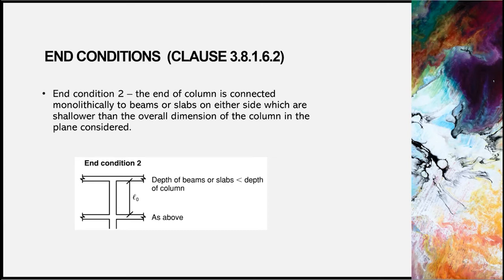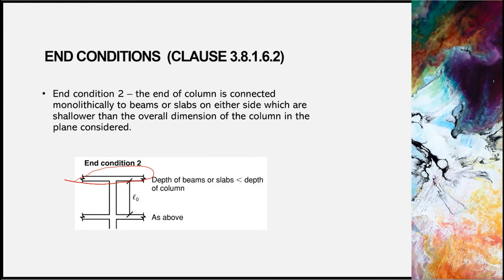in the plane considered. So depth of beam ataupun slab, okay, maksudnya mungkin you boleh juga pakai reinforced concrete slab. Reinforced concrete slab kadang-kadang ada juga kita tak pakai beam. So maksudnya slab tu sendiri yang duduk dekat atas column, tapi this one jarang lah sebenarnya, normally is beam lah.